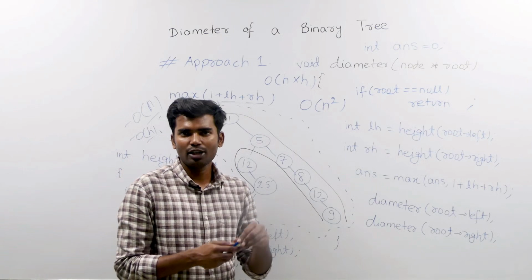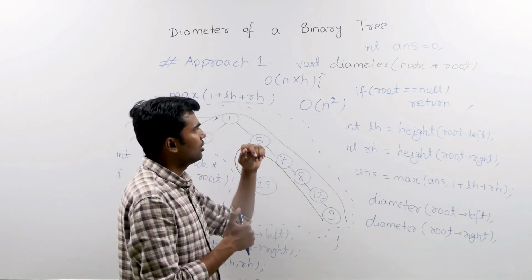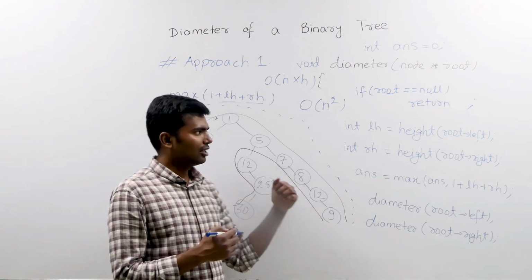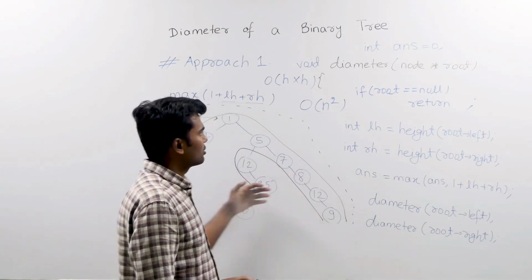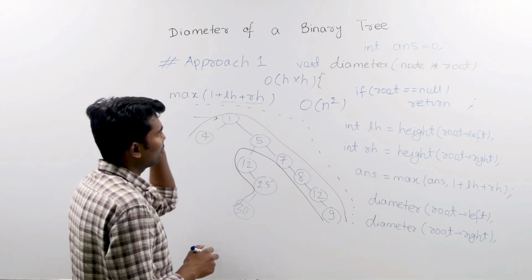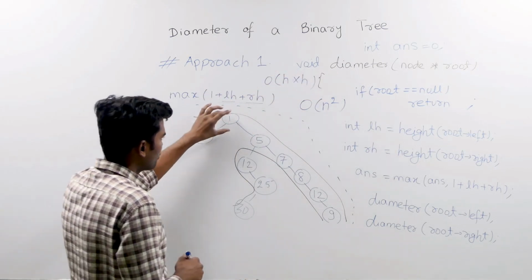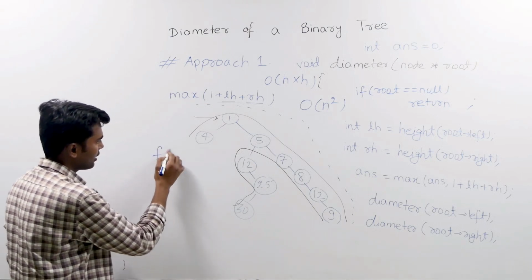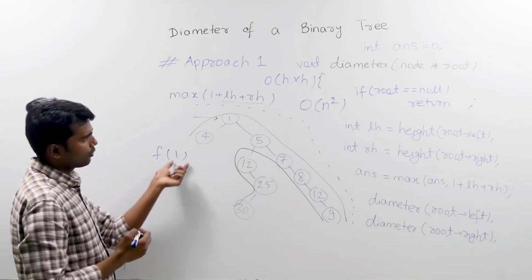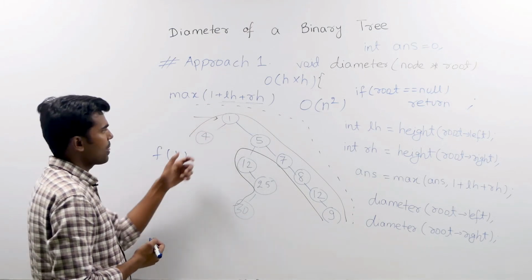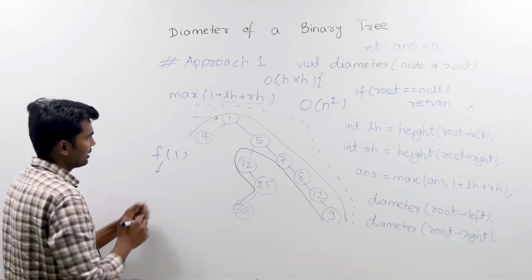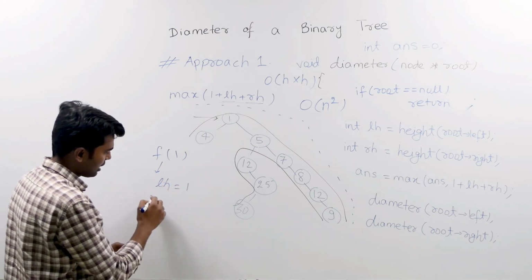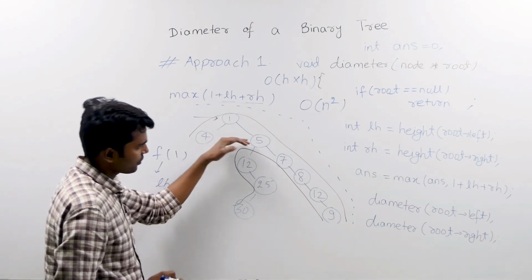Can we optimize it? Can we make it big O of n? Let's see. Okay, so let me explain how this function is working. When this function is called with the root node, let's say we are at the root node, the pointer is at 1, and for this node the left height will be 1 and the right height would be 5.